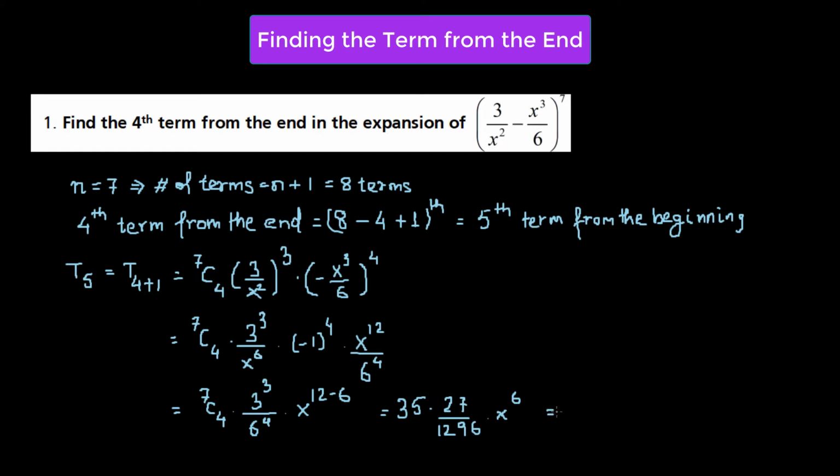And the final calculation will give us 35 over 48 x raised to the power of 6. So this is the fourth term from the end in the given binomial expression. There we go. Let's go to the next one.